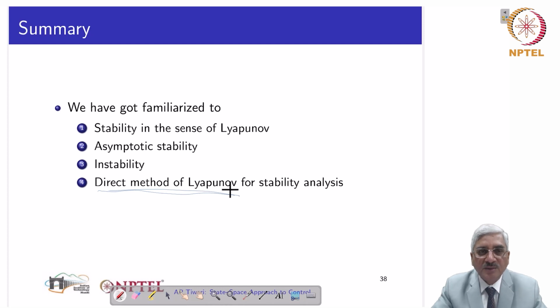As I said, in the direct method of Lyapunov, for the given system, we have to choose a Lyapunov function with the conditions that it should be continuous, its first order partial derivatives should be continuous, and it should be 0 at the origin, and it should be greater than 0 at all other points where x is non-zero. So Vx has to be found of that type, and for that Vx, the V dot x should be negative, then the system is concluded to be stable.